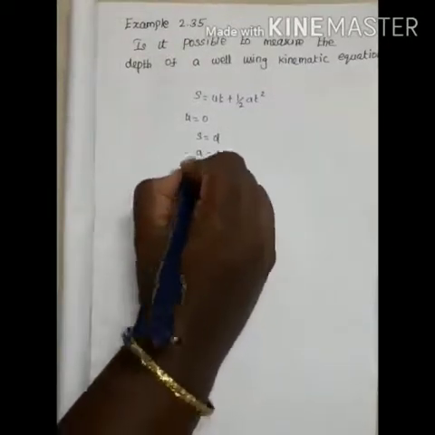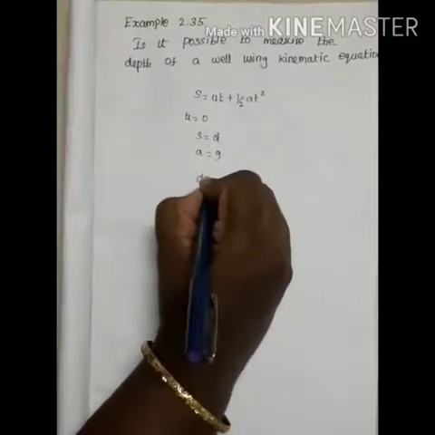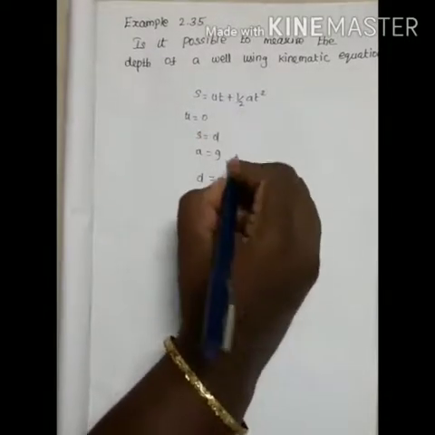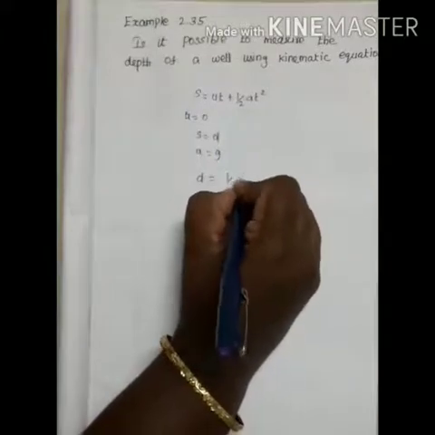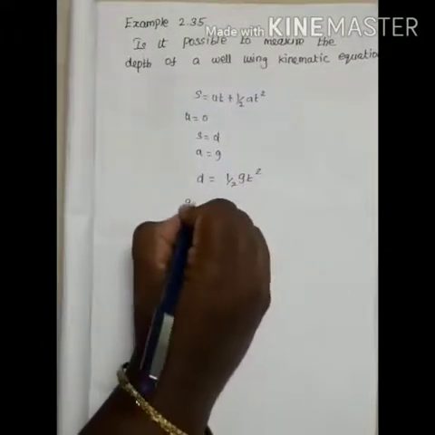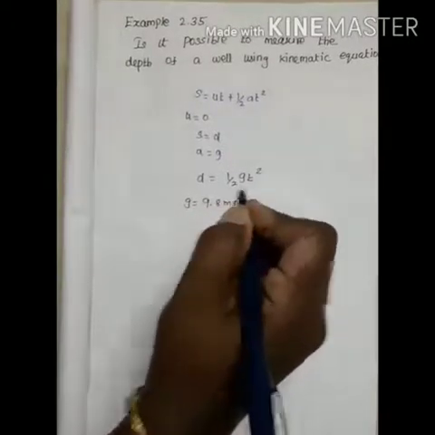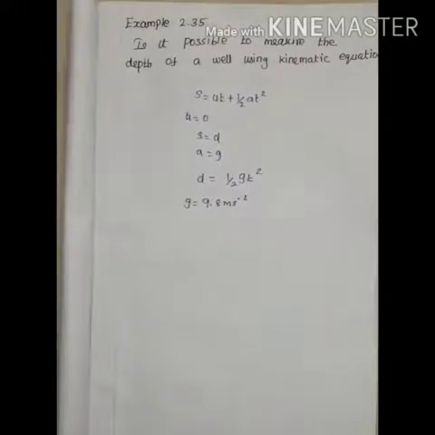Therefore, d is equal to half into g into t square. We know that g is equal to 9.8 meters per second squared. Therefore, now we get the depth of the well.